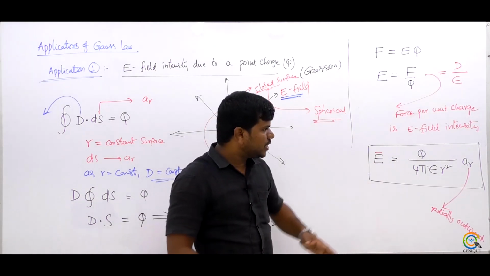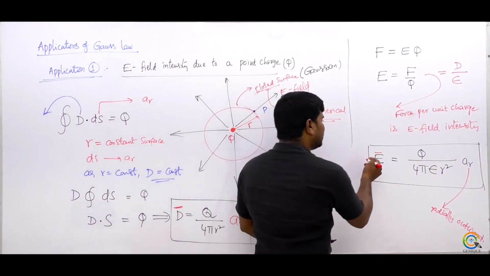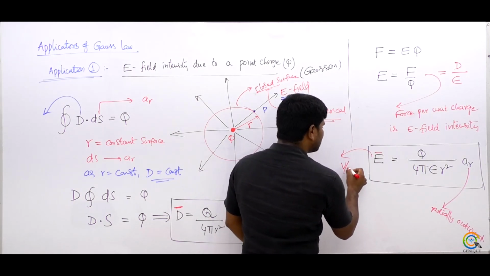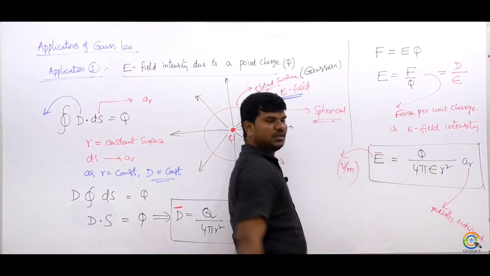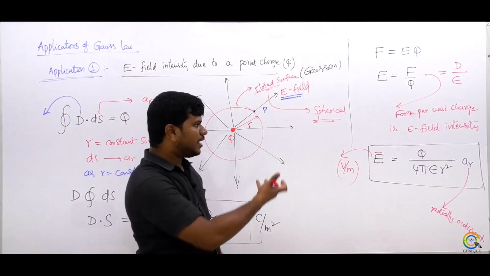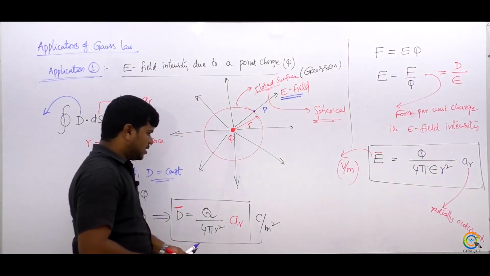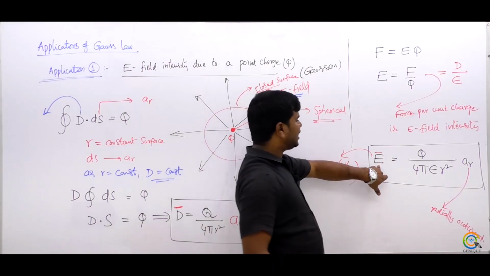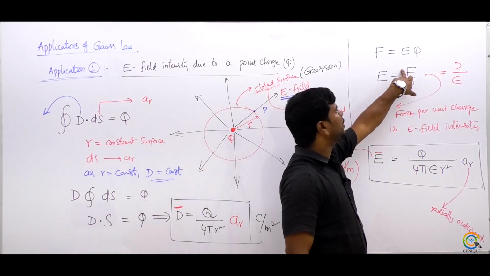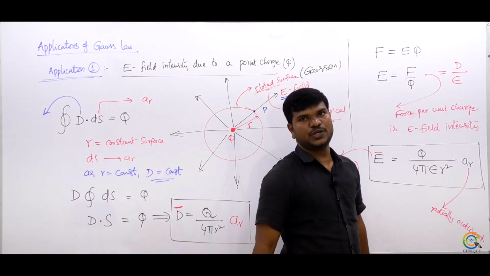What are the units of this? We already know, volts per meter. Can we write one more unit for this? Observe this. The electric field is defined, according to Coulomb, as force per unit charge.